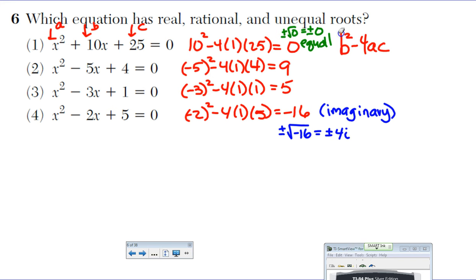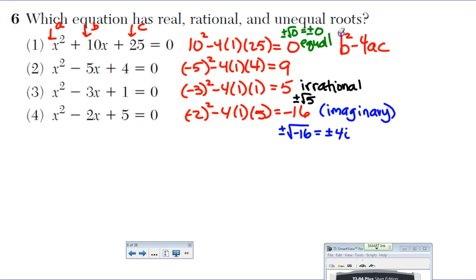So now you're down to the last 2. If you get a 5, that's not a perfect square number. That means you're going to have a radical still left in your answer, and that would give you irrational answers. Again, if you don't recall that, if you put a plus and minus radical with the 5 under it, you can't simplify that. Your radical is going to remain, and therefore you have 2 irrational numbers.